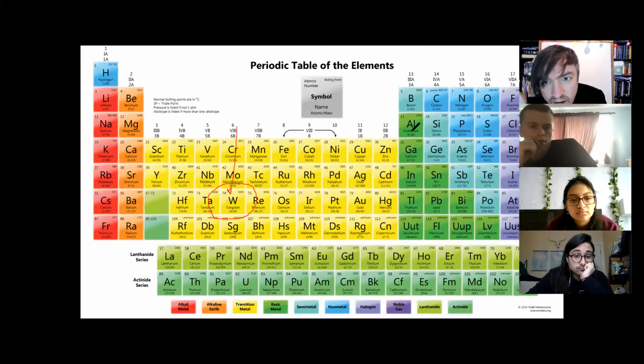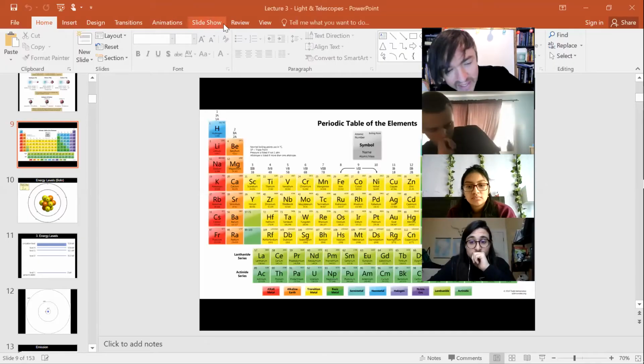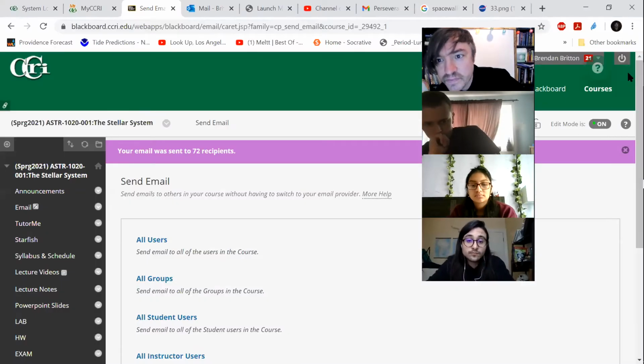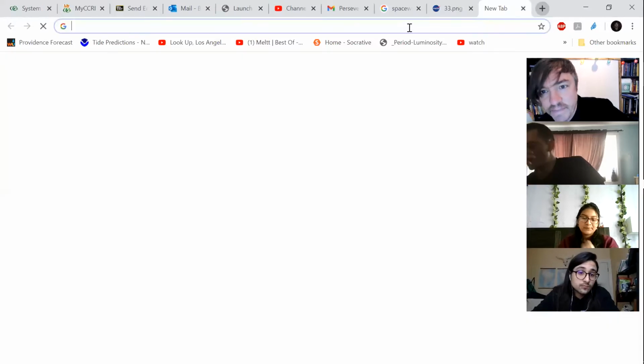One of the reasons they use tungsten is because you need to make that metal really, really hot in order for it to glow. And at the temperatures you require, most metals would actually vaporize.